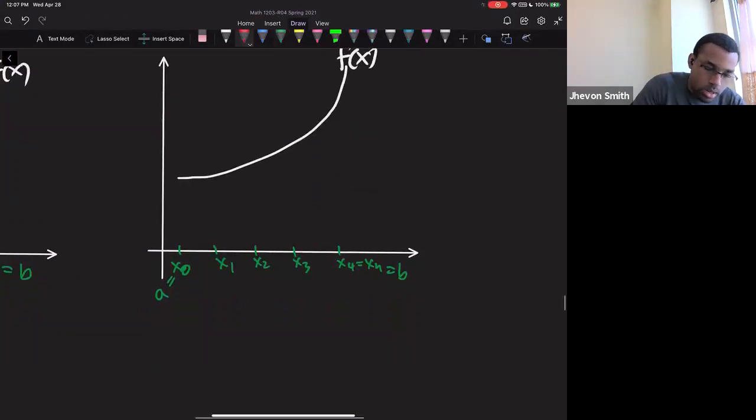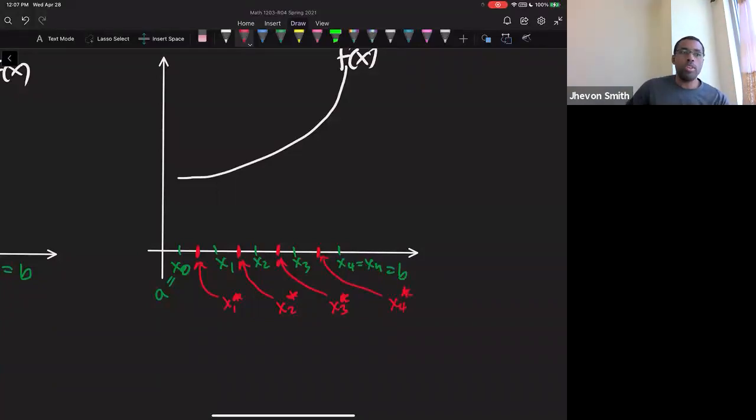So you define some new x values, where this one is called x1 star. That's x2 star. That's x3 star. That's x4 star. And what you do is you let that point determine the height. So you let the middle of the interval determine the height.